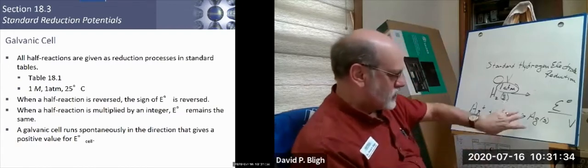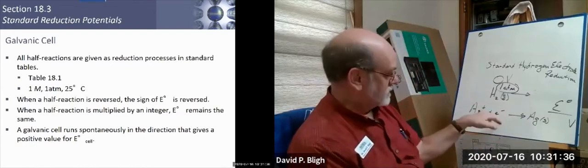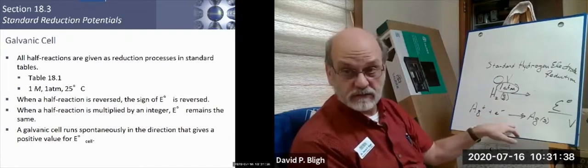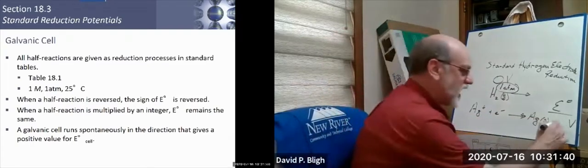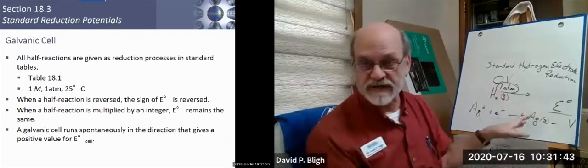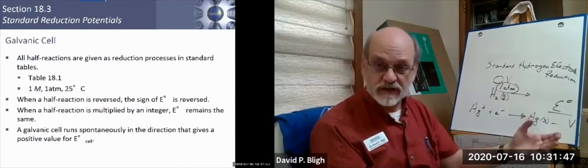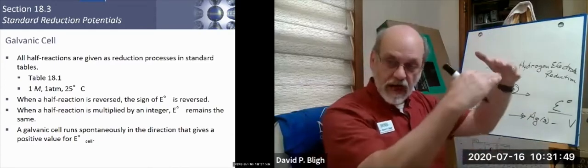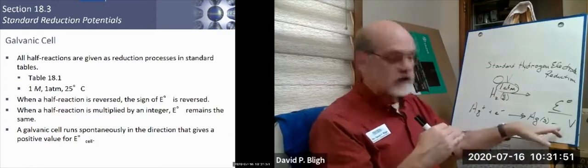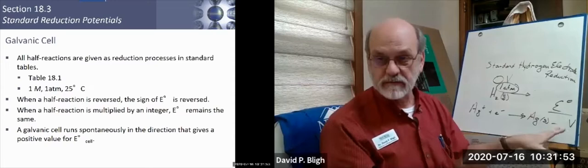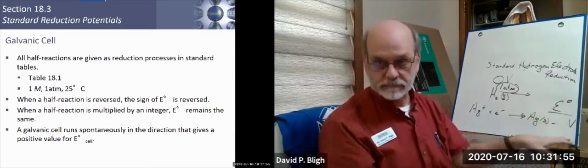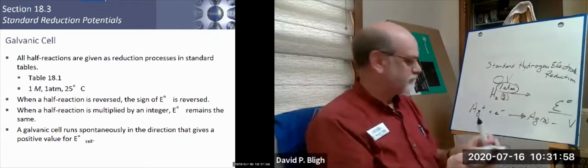If you invert the reaction and change this to an oxidation, then you just change the sign on your standard potential. If you use it as a reduction in your galvanic cell, then you just keep the voltage as is, positive or negative, doesn't matter. Okay?